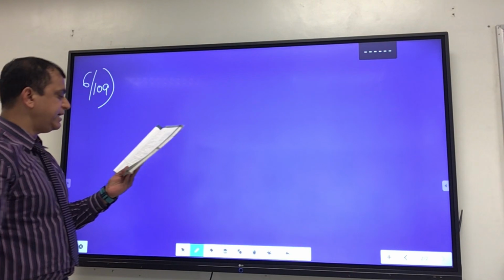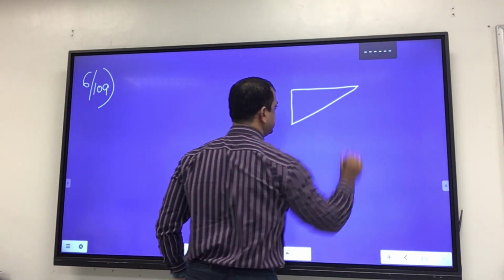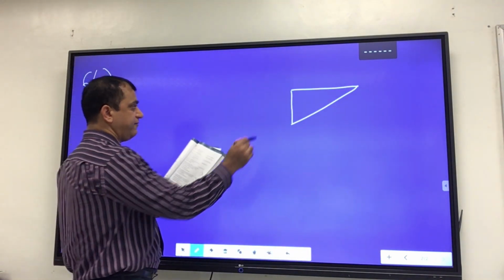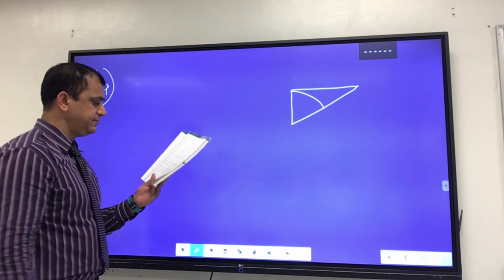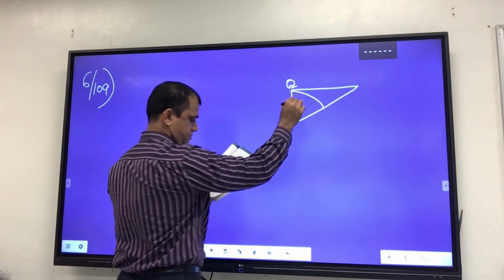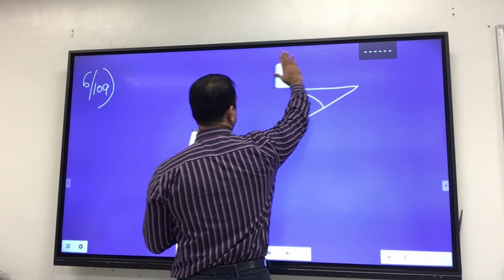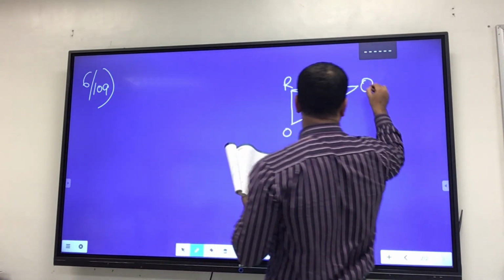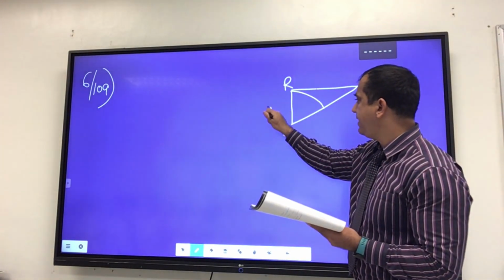So the rough sketch is here. We have a triangle here. It's a rough sketch. Obviously, it's a right triangle. This triangle is O, R, Q. This side OR is 8 centimeter.